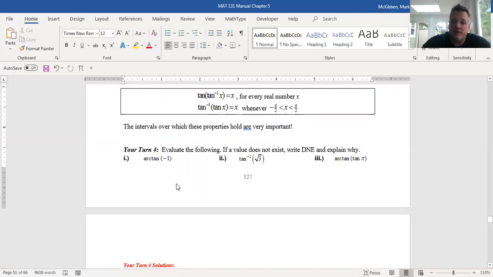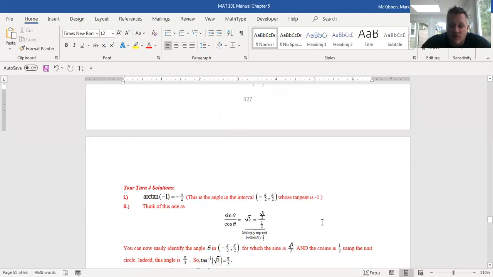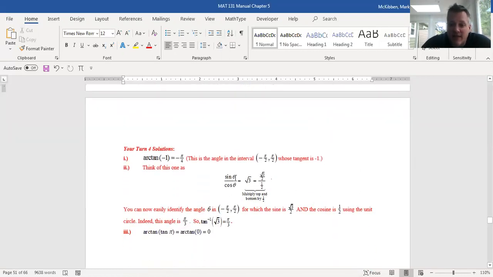So now, if you think back to our values and the definition of tangent, we want to find theta for which the sine over the cosine of that theta is root 3. Notice though, I can rewrite this. I can multiply the top and the bottom by a half to rewrite radical 3 in this way. Now you'll say, well, why on earth would you ever do that? Well, the reason is I know an angle whose sine is radical 3 over 2 and whose cosine is 1/2, right?